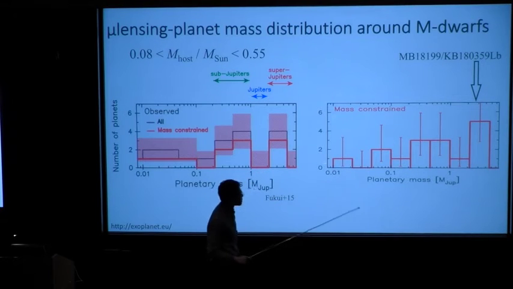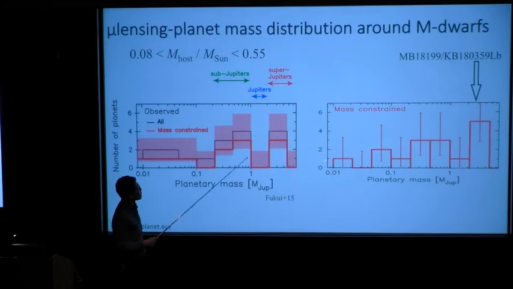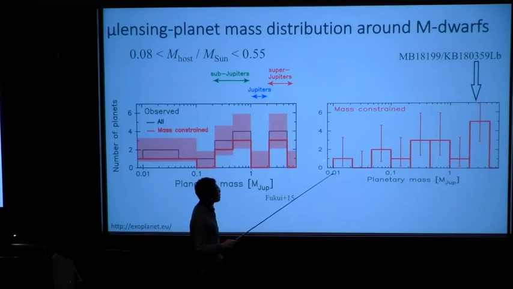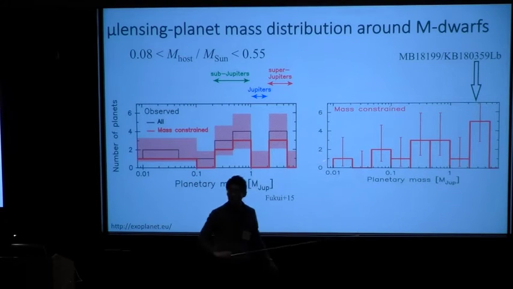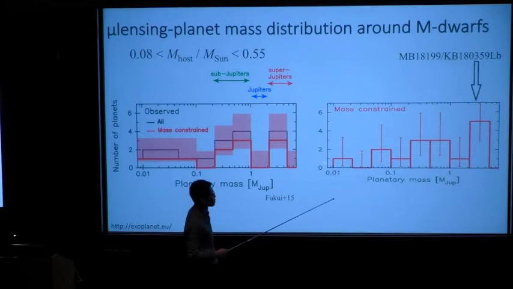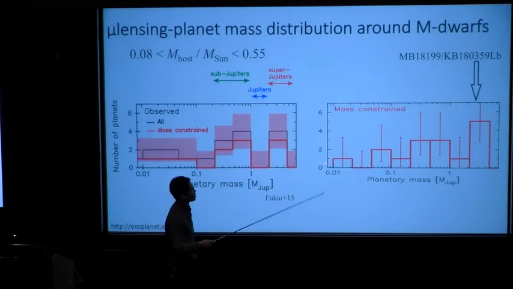The original paper implies there could be a deficit of Jupiter mass planets here, but for the updated figure, it's not clear yet. So we need a much more statistical sample, and we also need a detailed detection efficiency study.